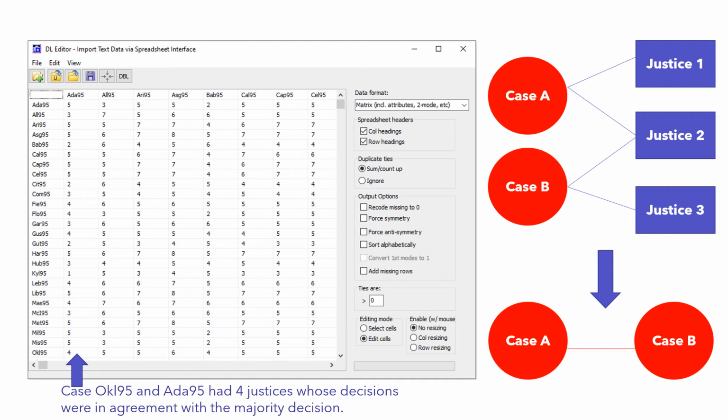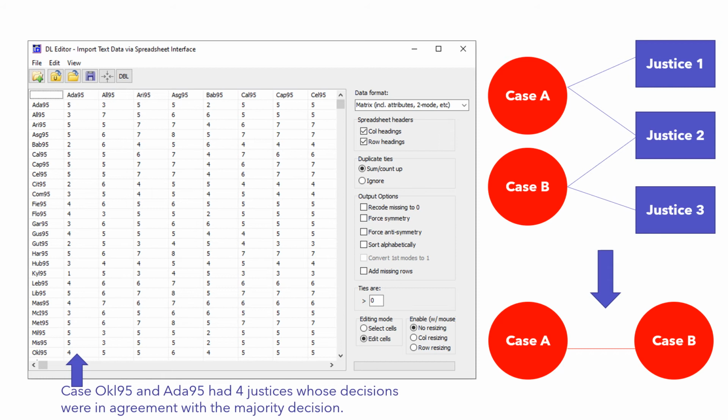When we convert the justice by case matrix to the case by case matrix, if a pair of cases, that is case A and B, had the same justice's decision agreed with the majority decision, we use a tie connecting that pair of cases.